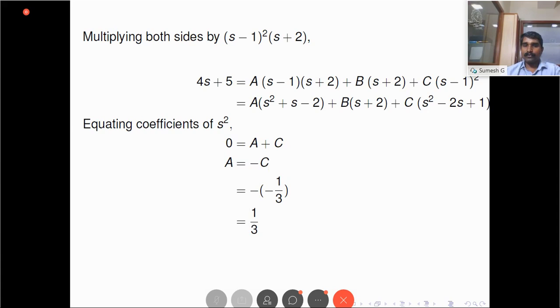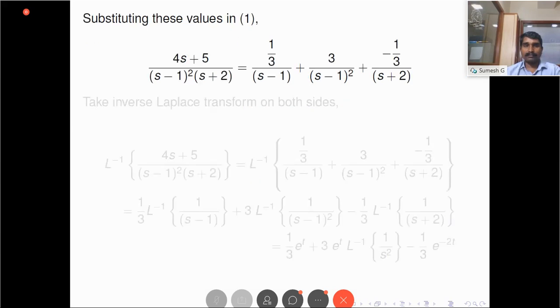Now, we have the values of a, b, and c, which can be substituted in equation 1. Substituting in equation 1, we obtain the expression as 1 by 3 by (s minus 1) plus 3 by (s minus 1) whole square plus minus 1 by 3 divided by (s plus 2). Now we can find its inverse Laplace transform.